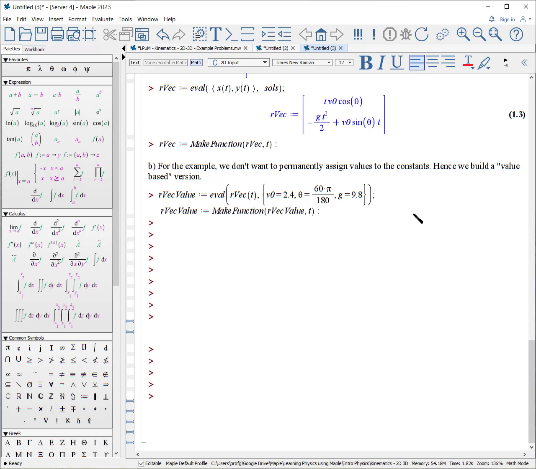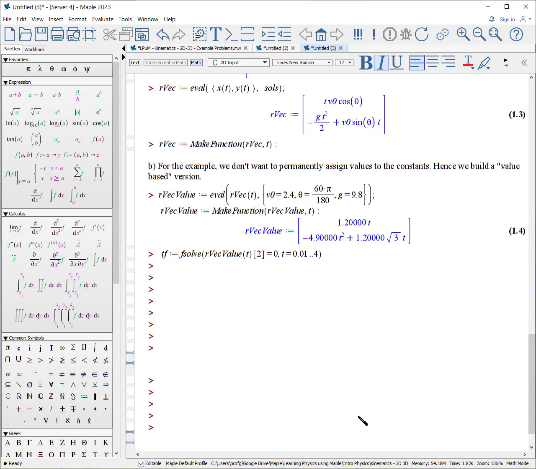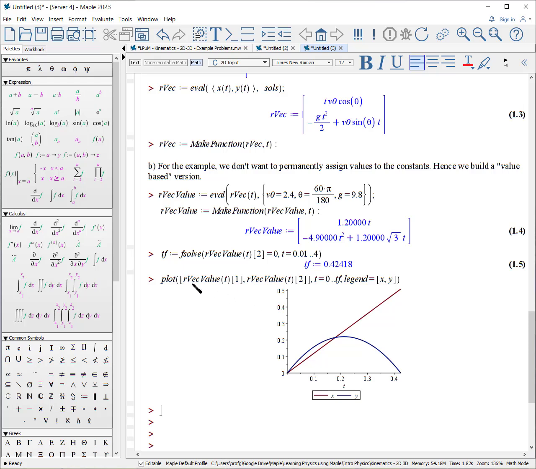This allows us to build a particular function to plot, but before we plot it, we have to figure out when the object returns back to a y position of 0. Notice I use Maple to say look between a very small value greater than 0 and 4, because we know it starts at 0. We can plot both the x component and the y component versus time.